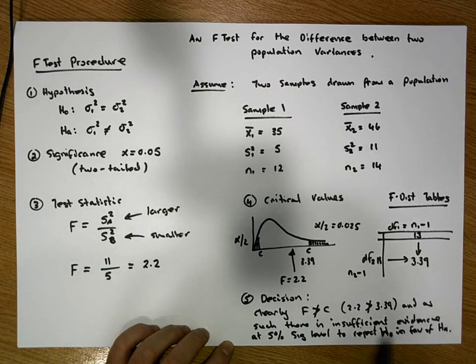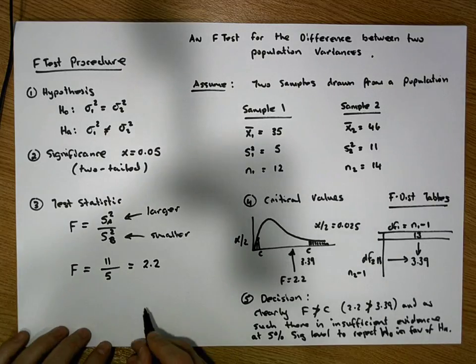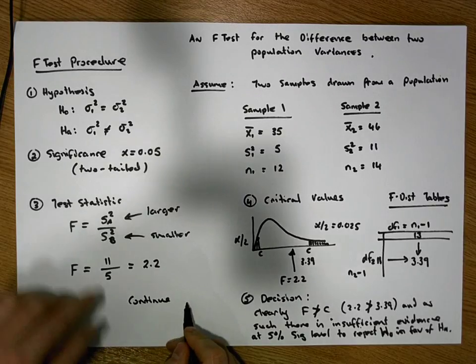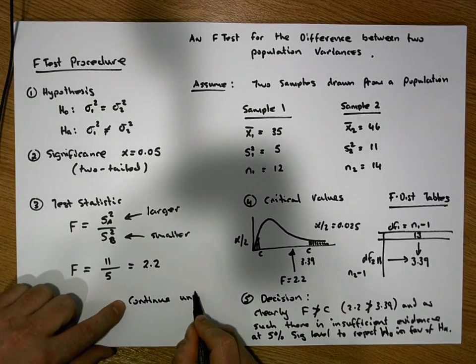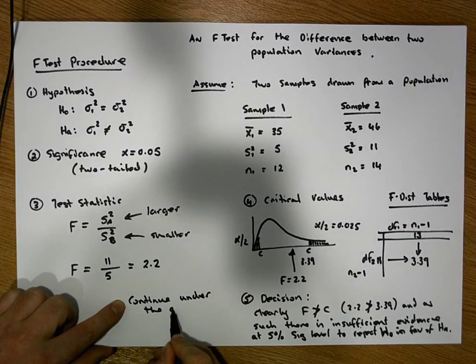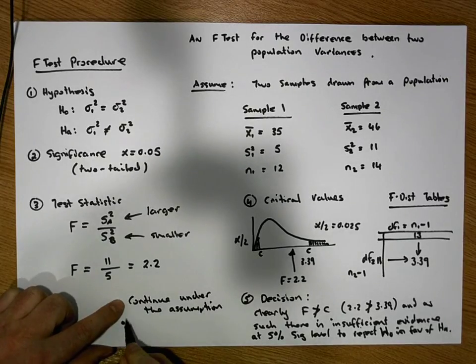Now, this is important. There is insufficient evidence to reject H0 in favor of HA. In other words, we're not rejecting H0 in favor of HA. In English, what we're really saying is that we fail to reject H0, so we continue under the assumption of equal population variances.